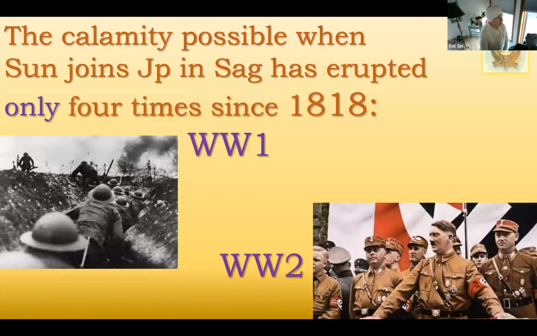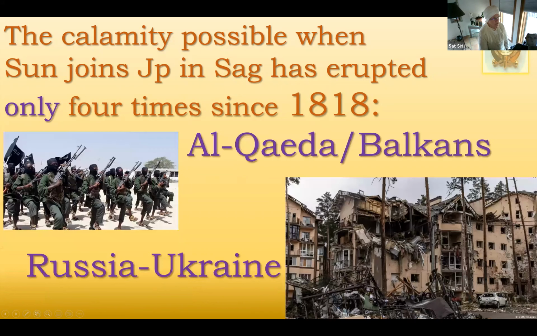But on all these major cases, these calamitous wars have erupted only 4 times since 1818. We had World War I, which was timed around the Sun-Jupiter in Sagittarius, and which I went through in the other talk. World War II. And we had one in the late 90s, which was kind of diffused.